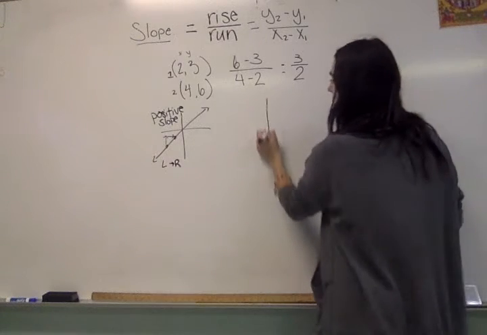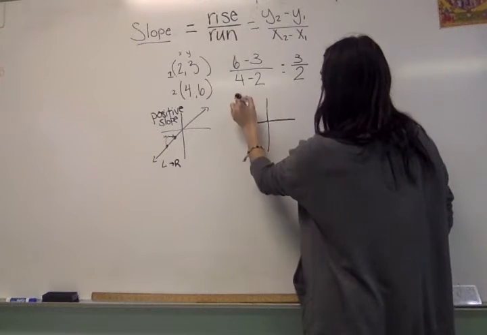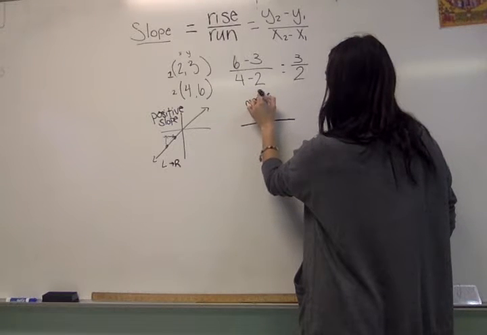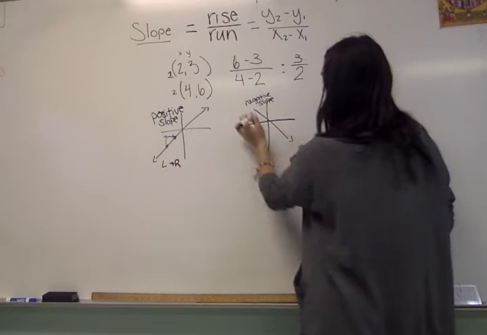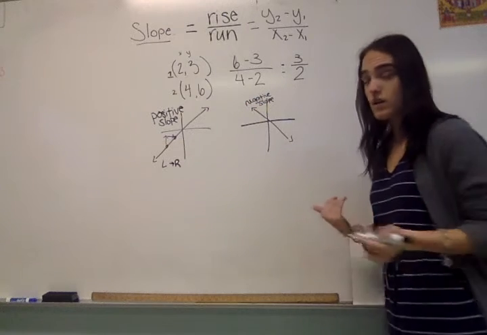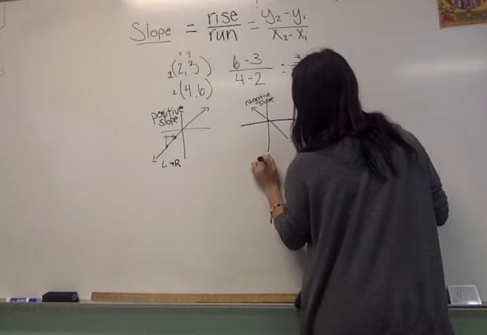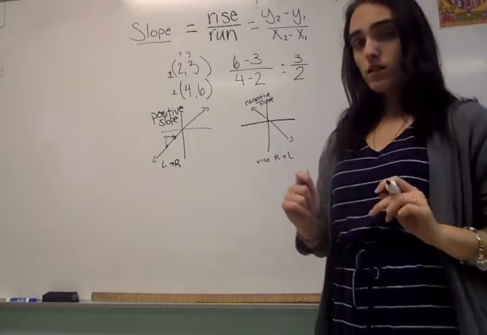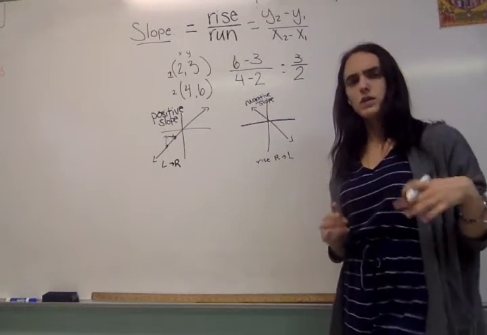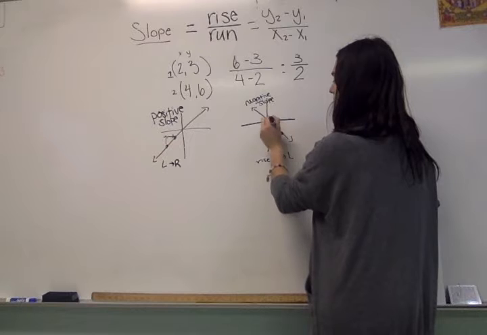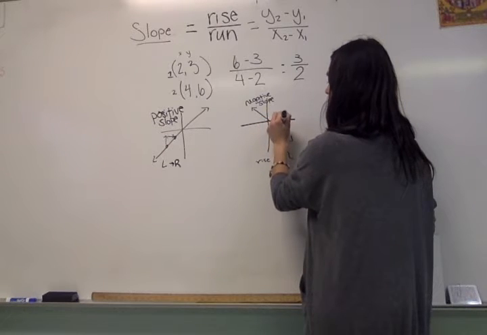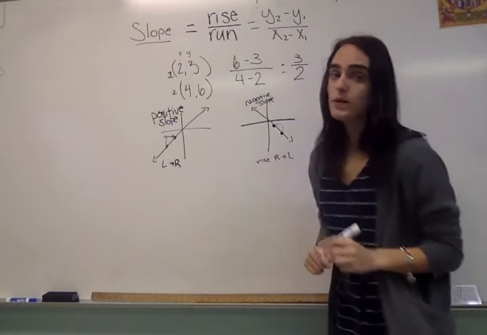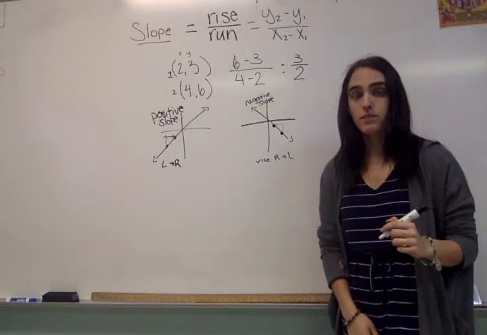Now, if you have a negative slope, this is my graph for a negative slope, it would look something like this. It would be rising right to left. Because you can think about this one in two different ways. If you're looking at a point between here and a point between here, you rise positive, but you are running negative because you're going left on the x.